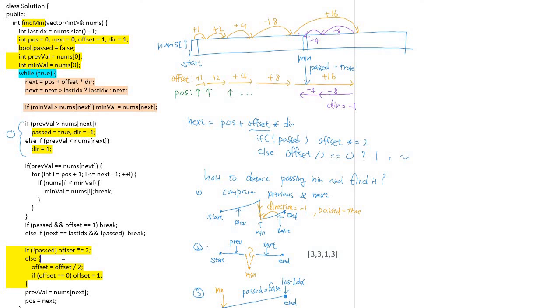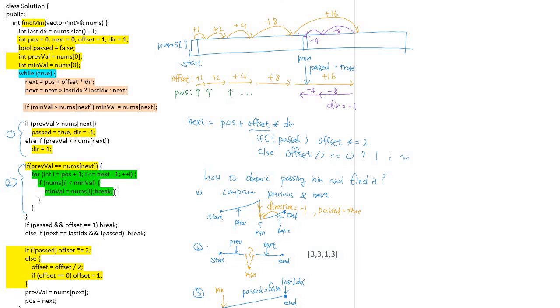This code increases the offset value by twice if it has not passed the minimum value, and decreases the offset value by half if it has passed the minimum value, but the offset value cannot be 0. This part is to detect the second pattern. If the previous value and the current value are the same, we should check whether the minimum value exists between them.